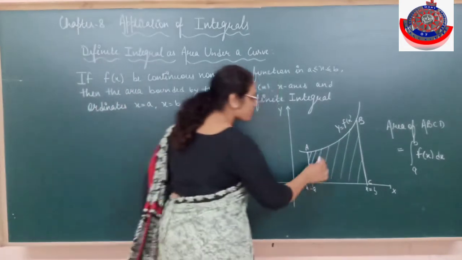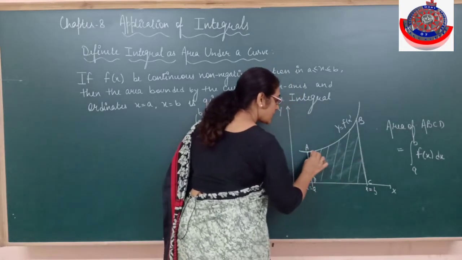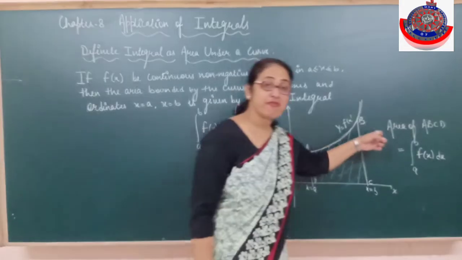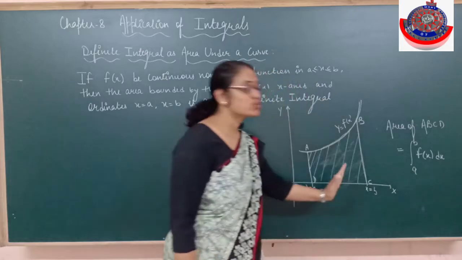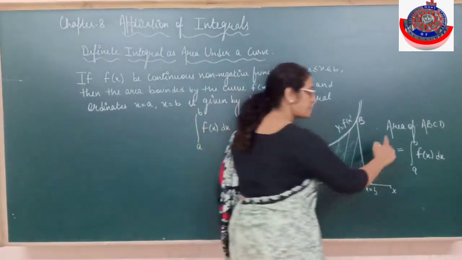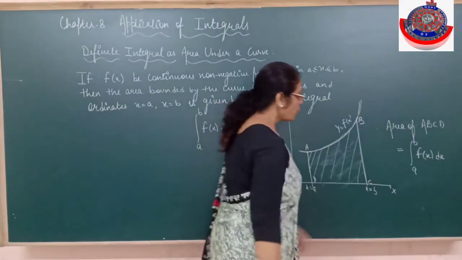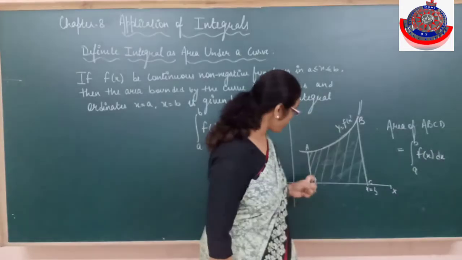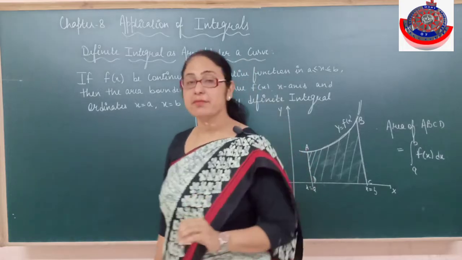That means if the equation of the curve is y equals f(x), with the x-axis and the ordinates x equals a and x equals b, the area of ABCD would be the integration of f(x) from the limit a to b.